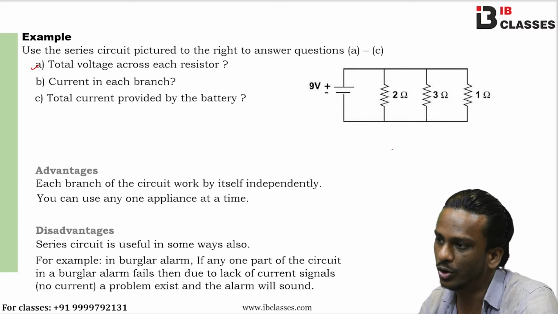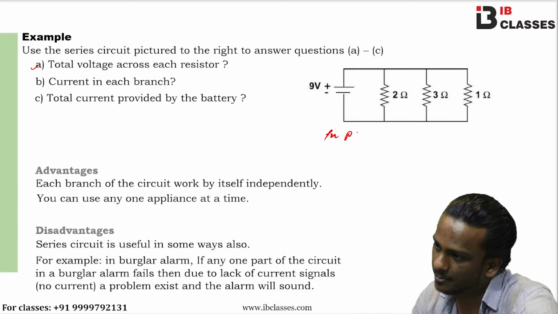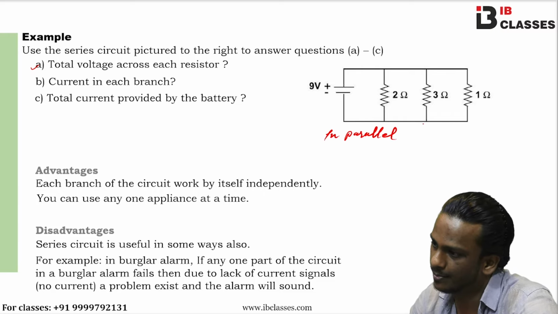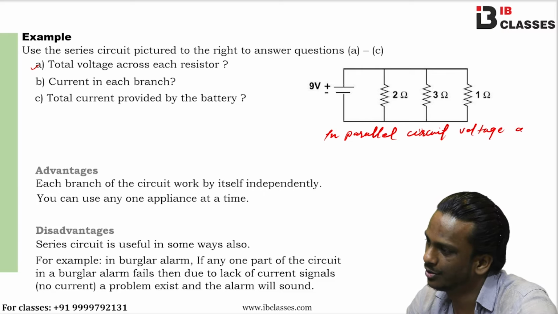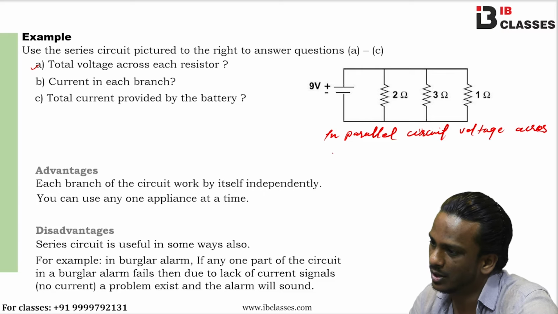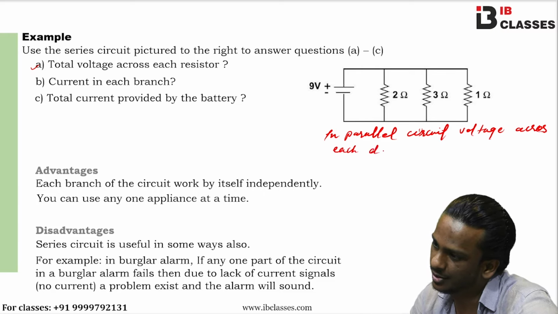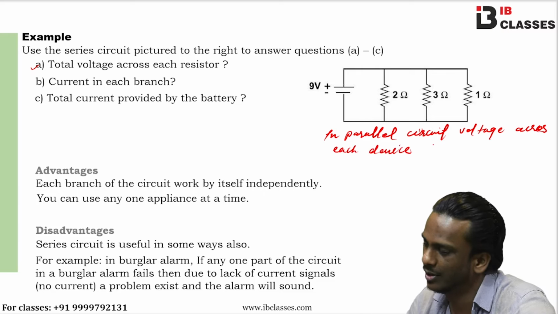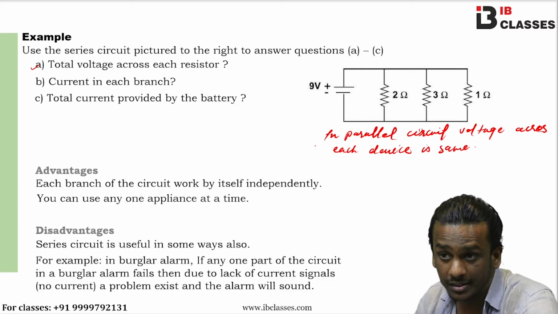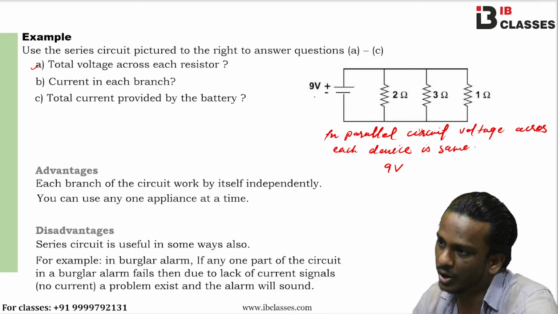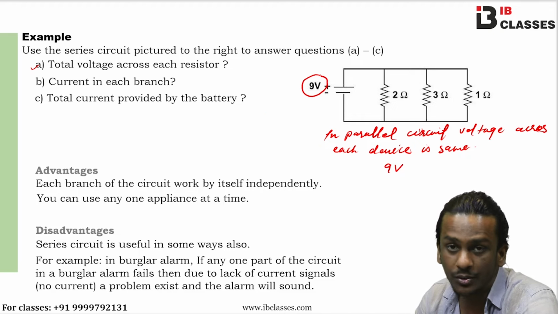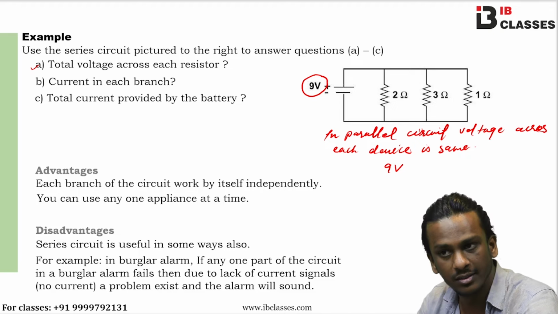As you already know, in a parallel circuit, the voltage across each device is the same. Hence, we can say the voltage across each resistor will be 9 volt. As you can see here, the 9 volt battery is connected within this circuit.